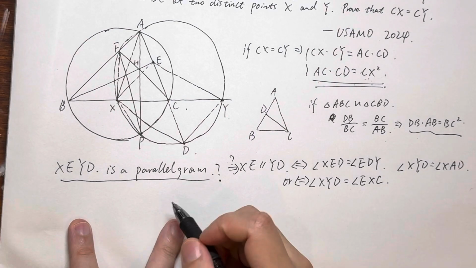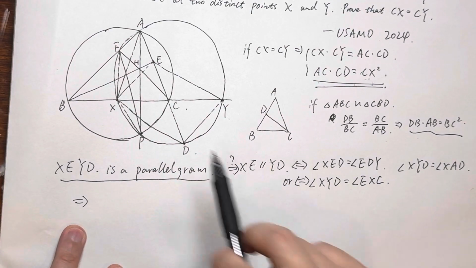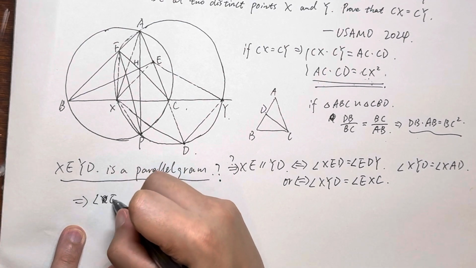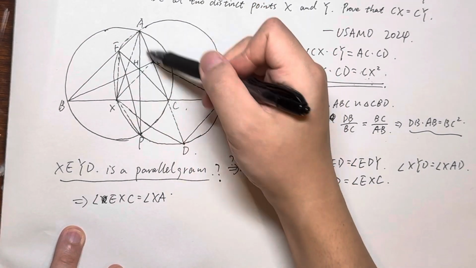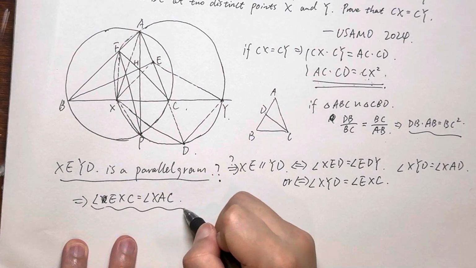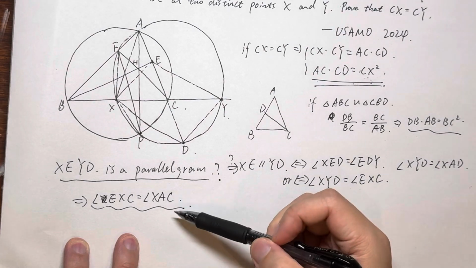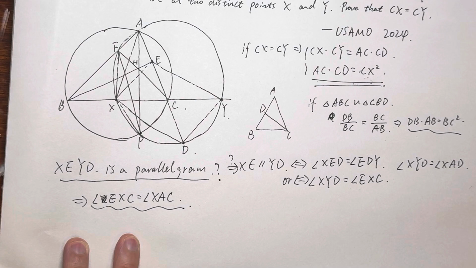Which means we just need to prove angle EXC equals angle XAD, which is XAC, right? We just need to prove this one. What's the benefit of proving this one? Basically, we constrain our problem just in the circle ABC, right? That's a simplification of the problem.